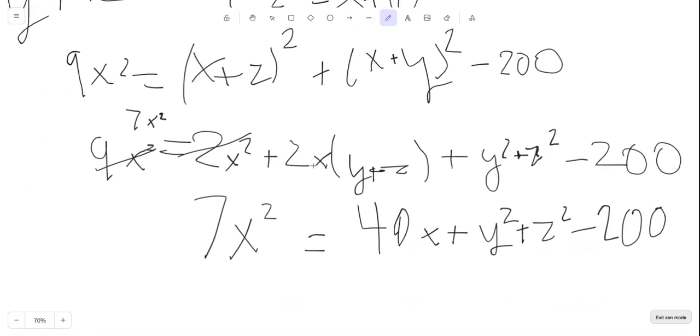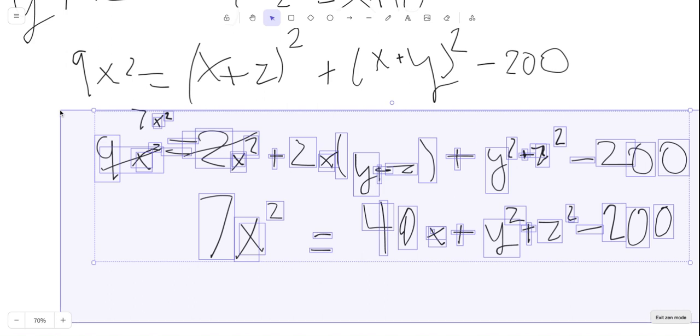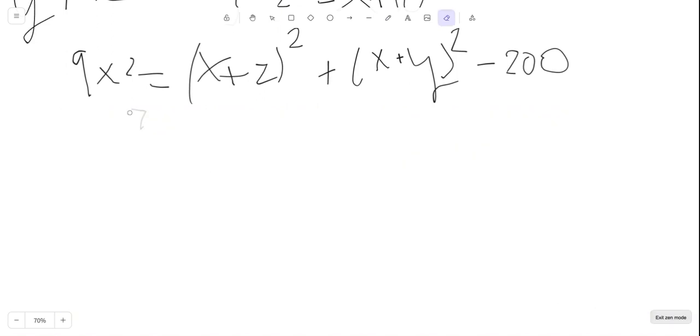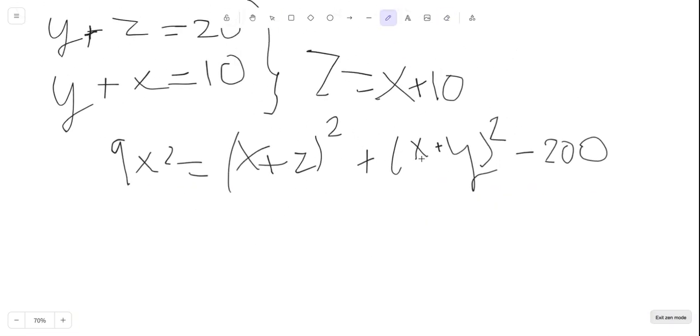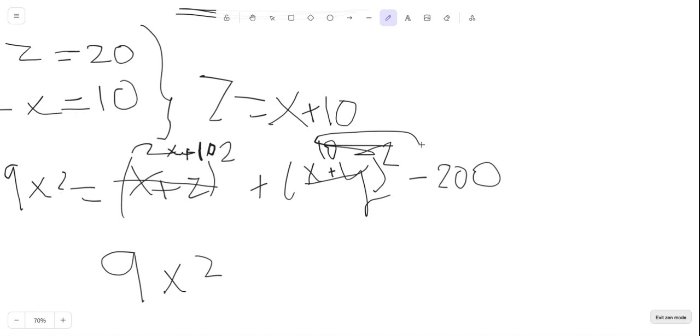If we instead take it back a couple steps and substitute, we get 10 squared here and 2x plus 10 here. And this 10 squared cancels out with this 200 to make negative 100.